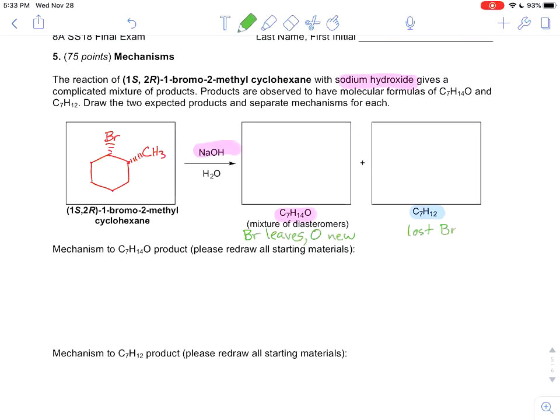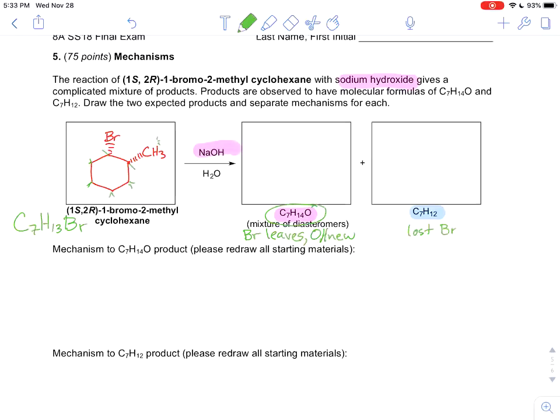Something that actually would be really helpful to do is to draw the molecular formula here, because that'll help us figure some other fun things out. There's 7 carbons total. We have 1, 2, 3, 4, 5, 6, 7, 8, 9, 10, 11, 12, 13 hydrogens and 1 bromine. So you'll notice, to get even more specific, over here, we gained a new hydrogen.